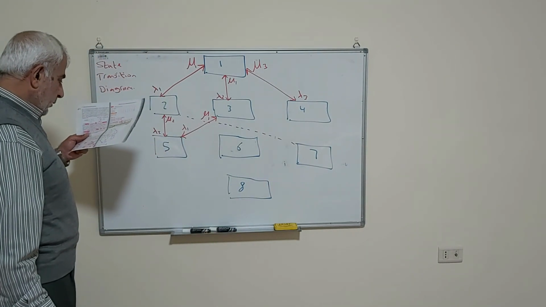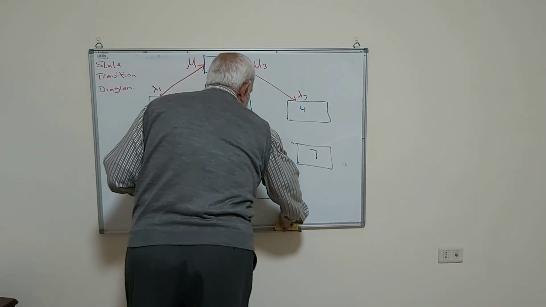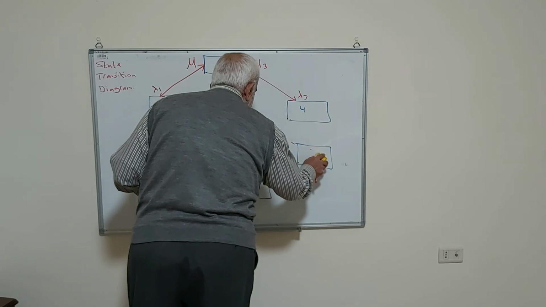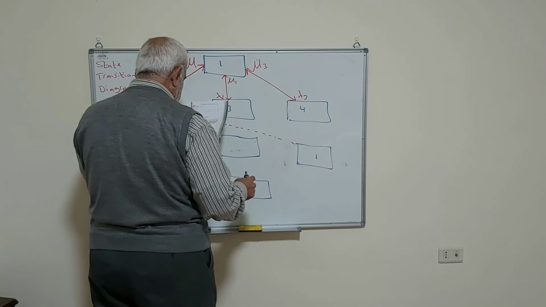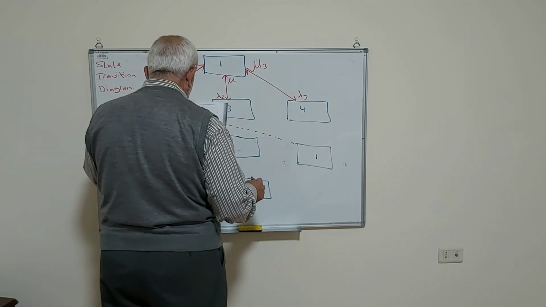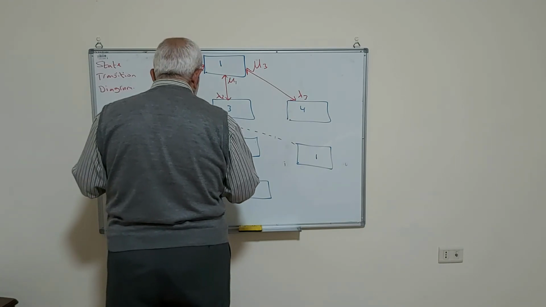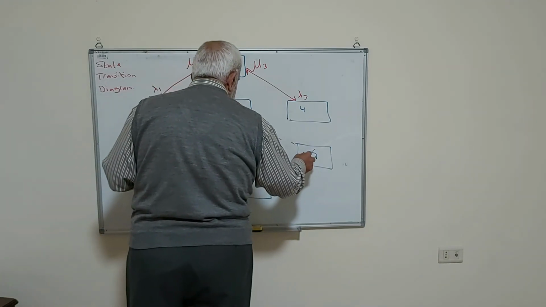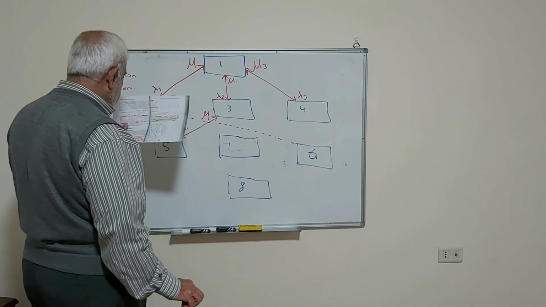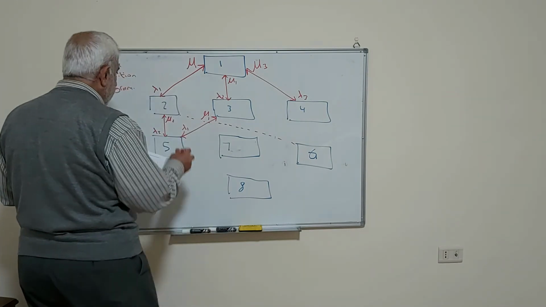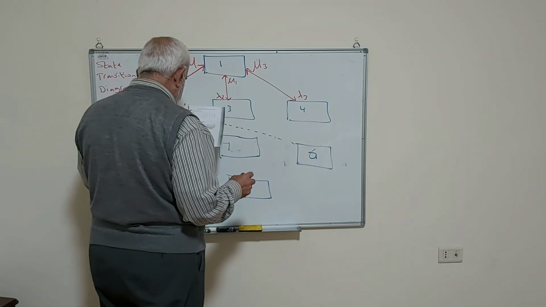So, just to make a correction, this is number 7 and this is number 6. Sorry about that. So here I have mu 3 and here I have lambda 3.